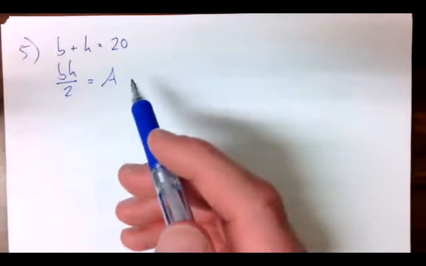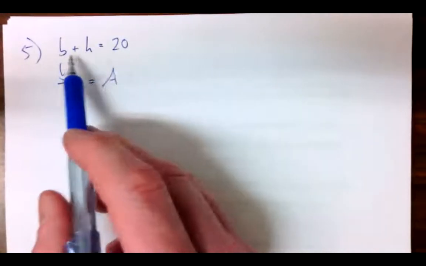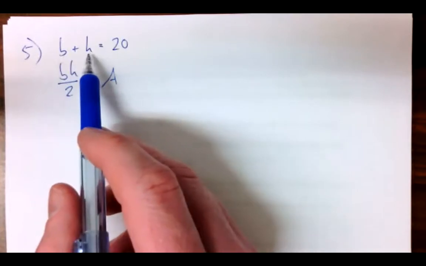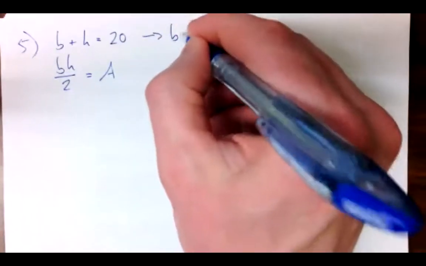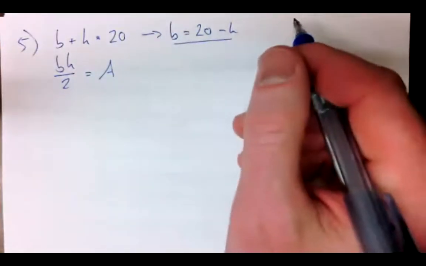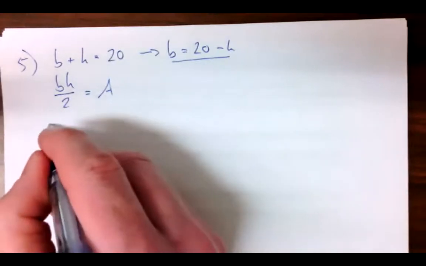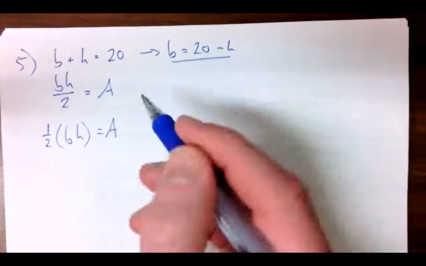All right, we have all that we need right here. We can put these in terms of B, or in terms of H, doesn't matter. So I can say B equals 20 minus H, or I can say H equals 20 minus B, doesn't matter. This is the one I wrote first, so that's what I'm gonna do. I'm gonna rewrite this as 1/2 times BH. That's the same thing.